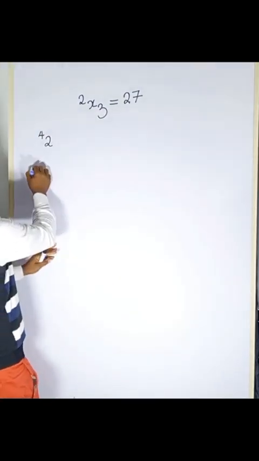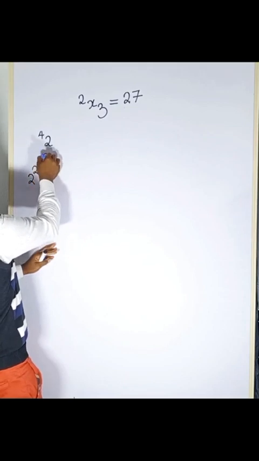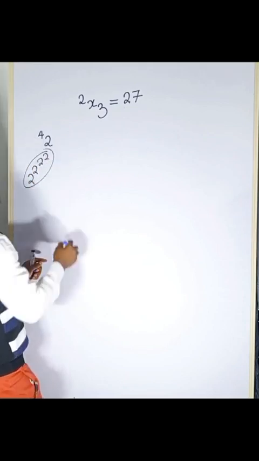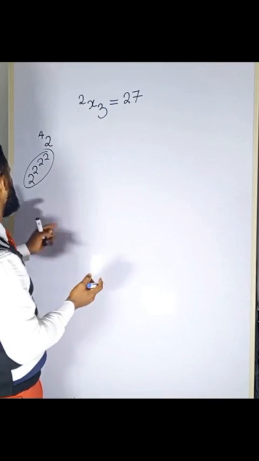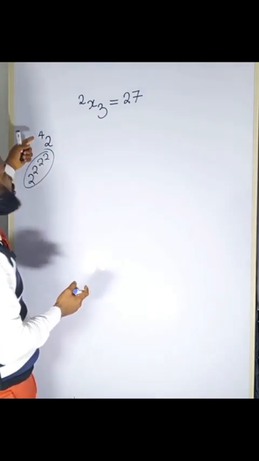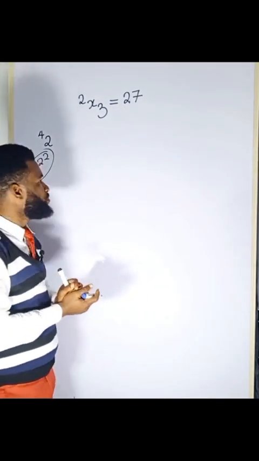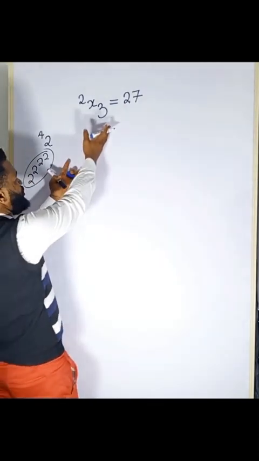So this is going to be 2, 2, 2. We are stacking 2 in 4 places. That is called tetration.